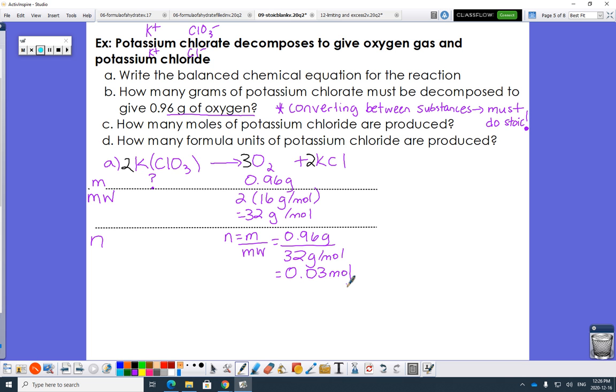Sorry, so this is B. So in our triangle, in order to find mass, we need molecular weight. So you can write that in. Well, I didn't show my work here, but I can.